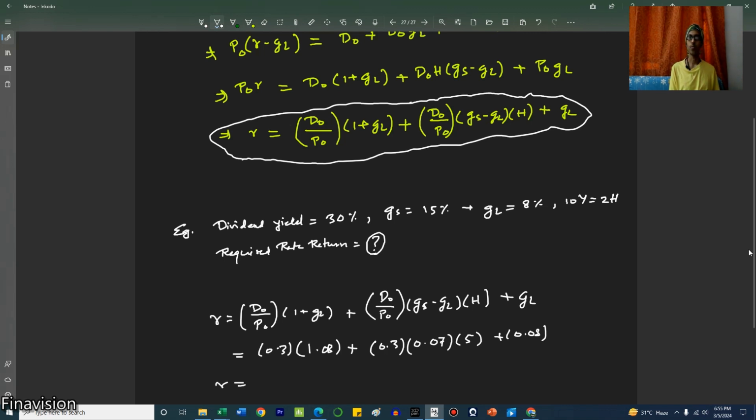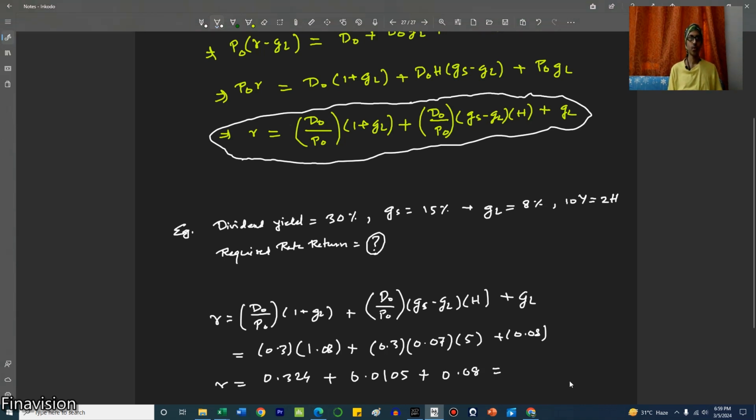Therefore R is equal to, quickly calculate the value guys, 0.3 into 1.08, 0.324, plus 5 into 0.07 into 0.3, 0.0105, plus 0.08.